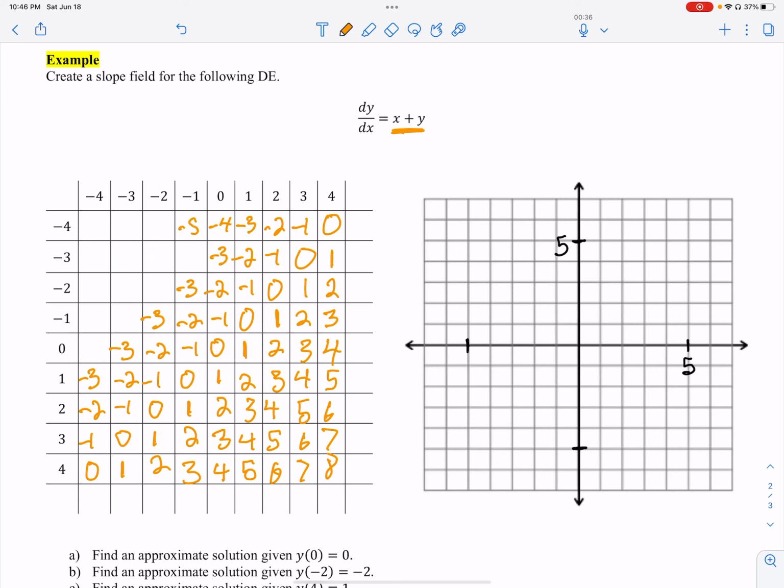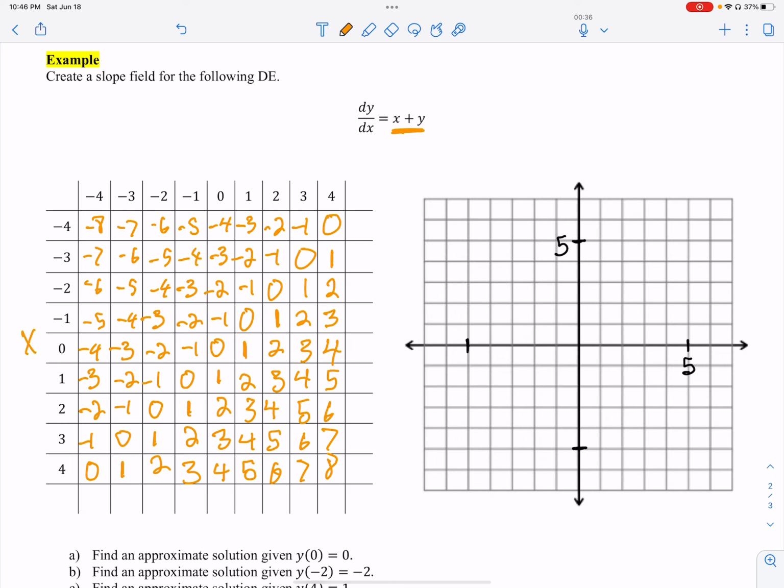Alright, filling these in. There we go. Okay, so we have a measure at every single point.